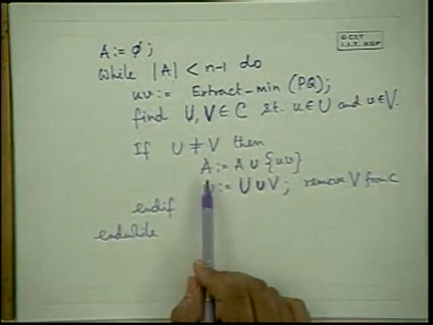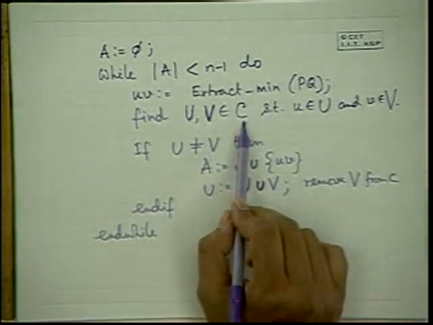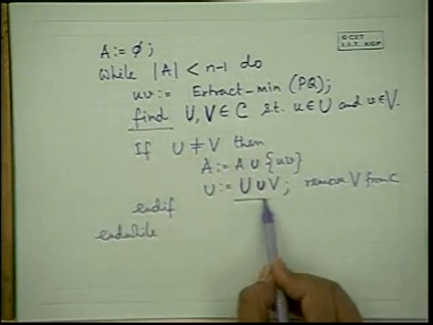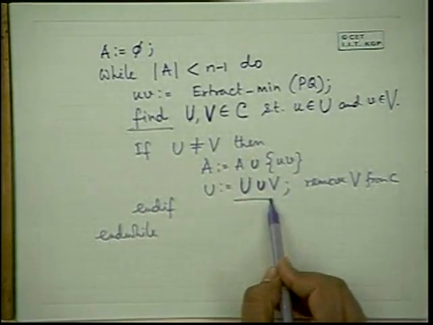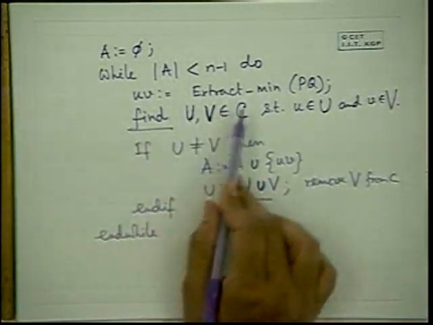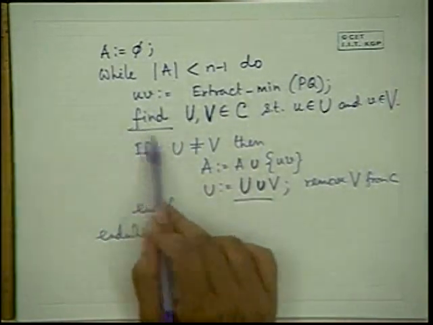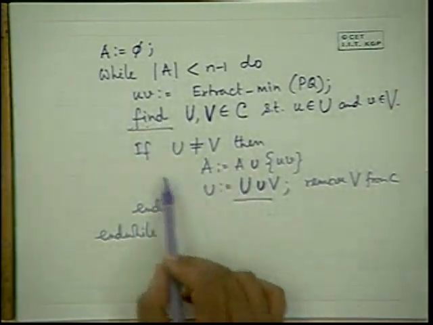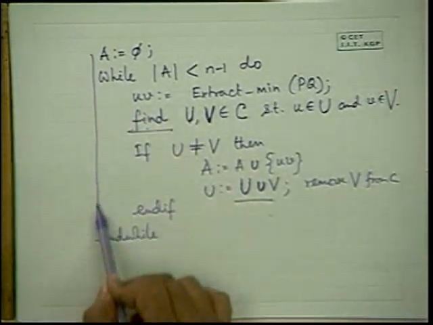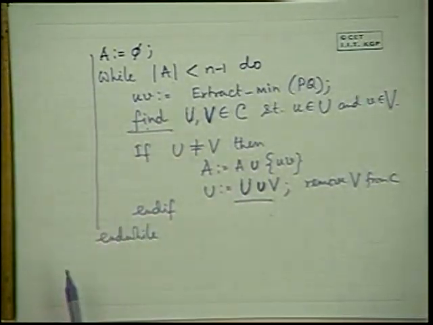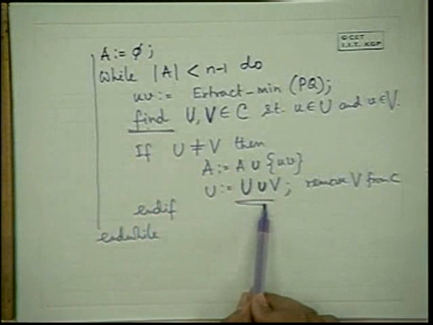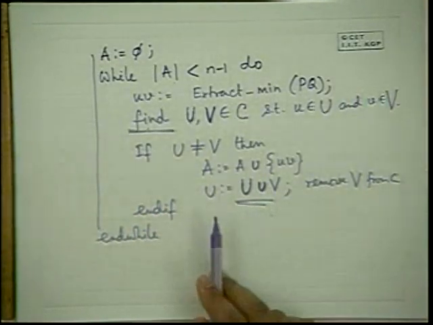There are many implementations which we will see in the next class, to implement this set system C such that these two operations, find and merge or union, can be done efficiently. If I ask you what the complexity of this algorithm is, you would not be able to tell me unless you know how much time this find takes, how much time this union takes. And this is a very well known problem called the union-find problem.